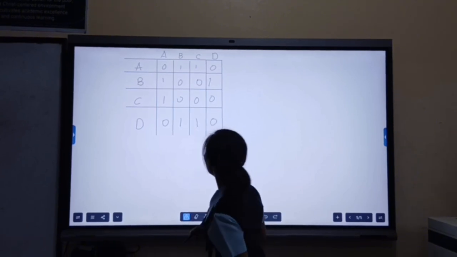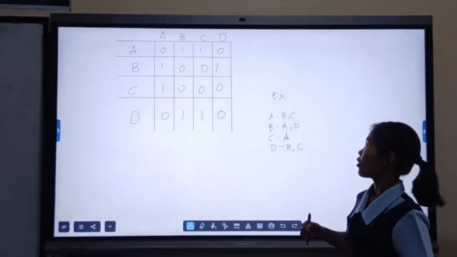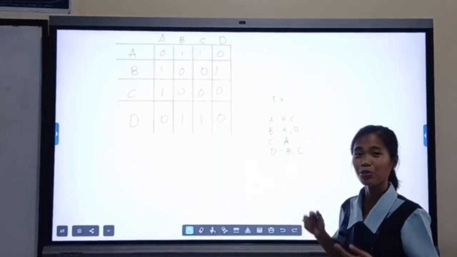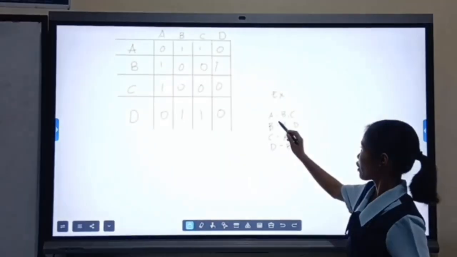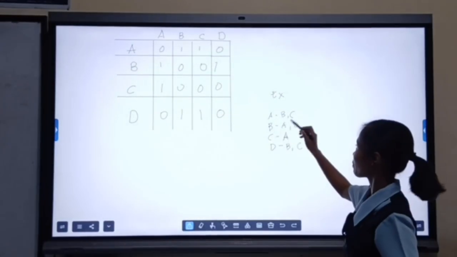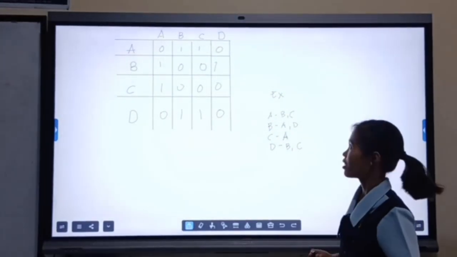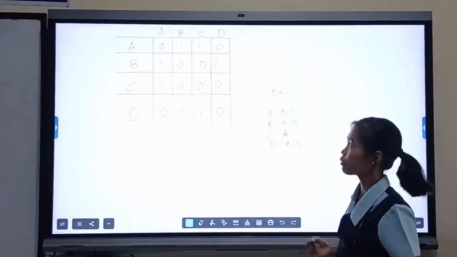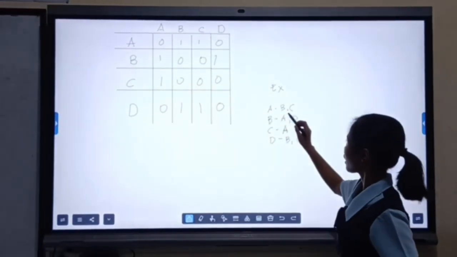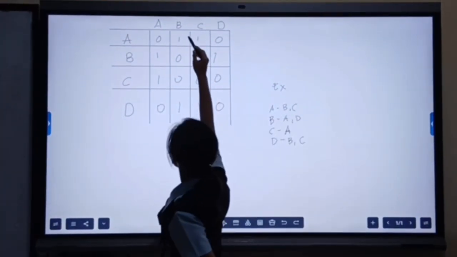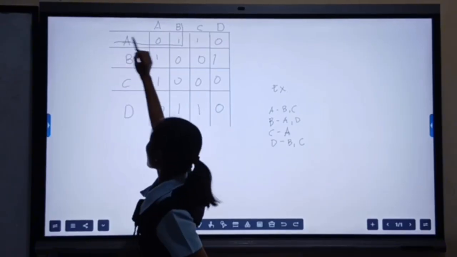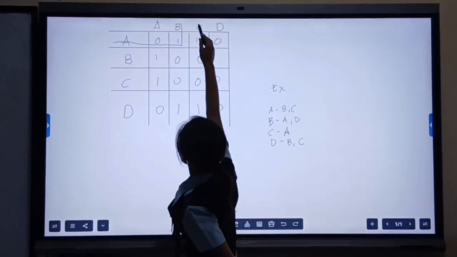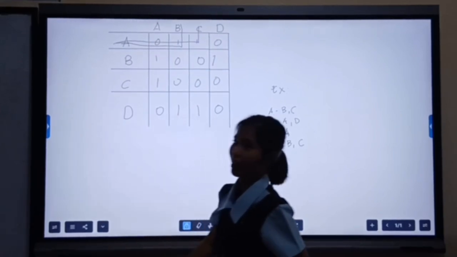So, what will the answer be? Let me explain so you know the answer. First, we have A connected to B and C. How did it become connected? Basically, these are the vertices and edges, and the value is based on the edge. B is connected to A since we have one value here. And next, A and C have one value at the same time.